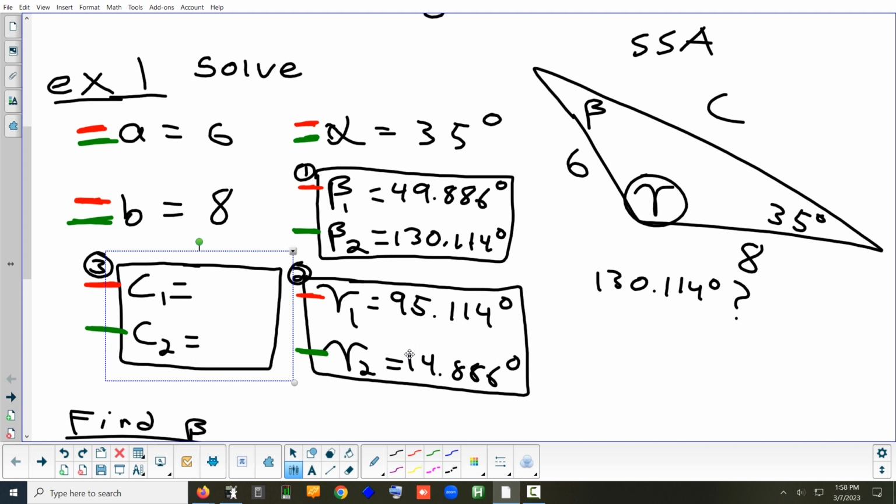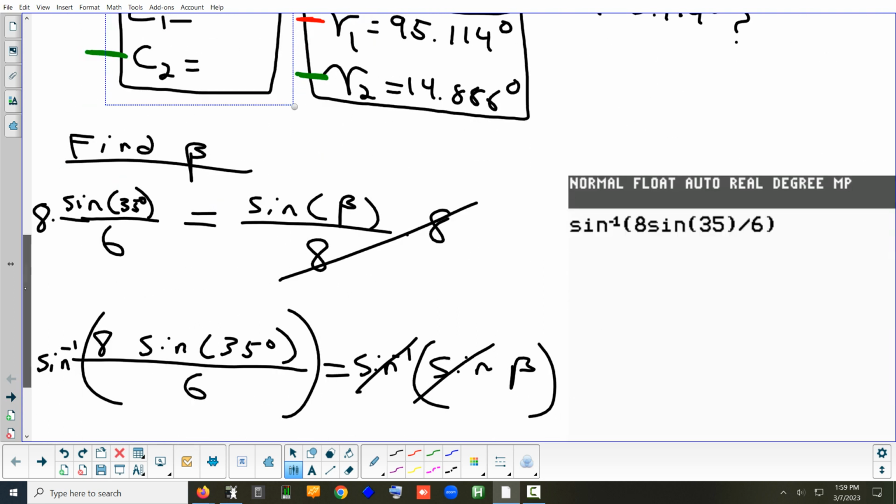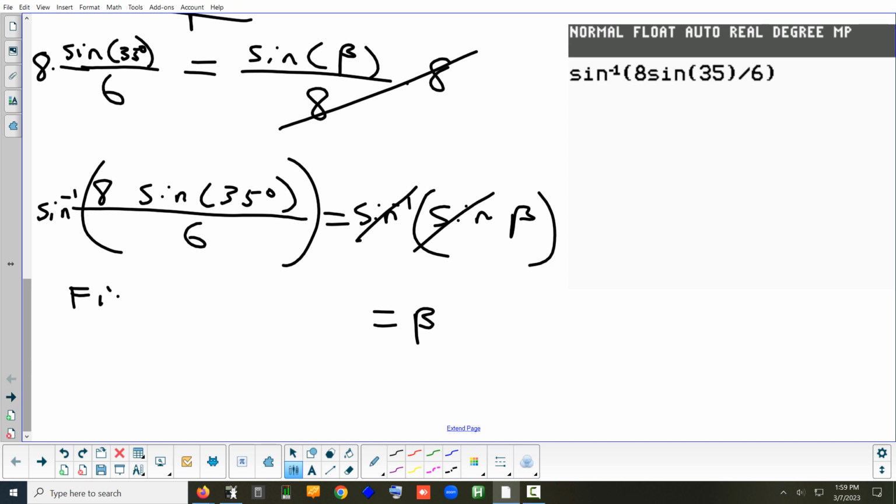A and alpha, B, beta 1. That's a red row. Which row should we use? The top row. Why not the B and beta 1? Because the top row was given. Yeah, the top row was given. So we're going to set that up, sine 35 over 6. Same way we did right up above.